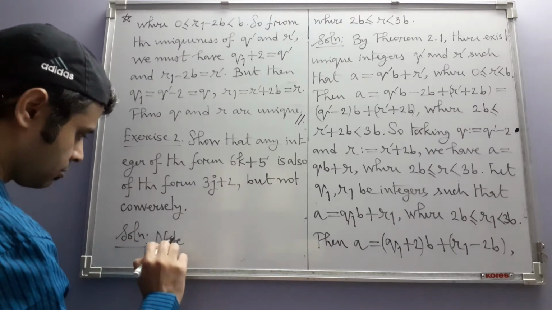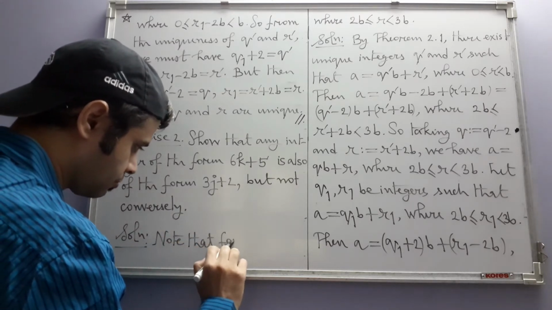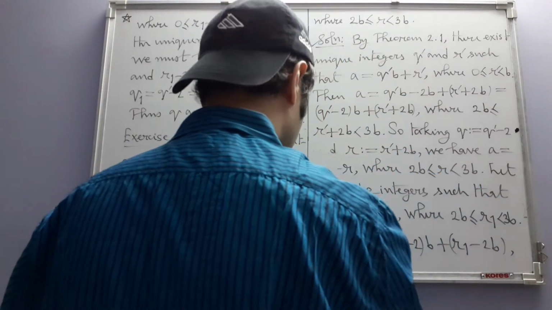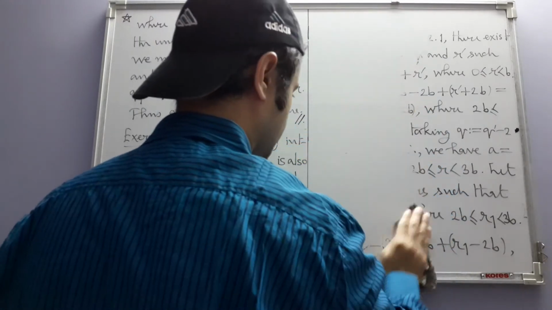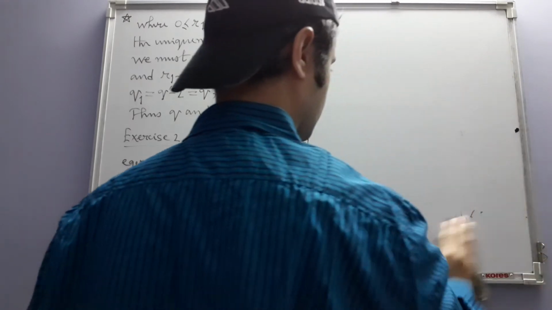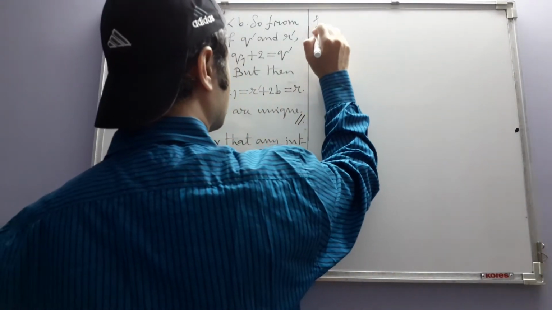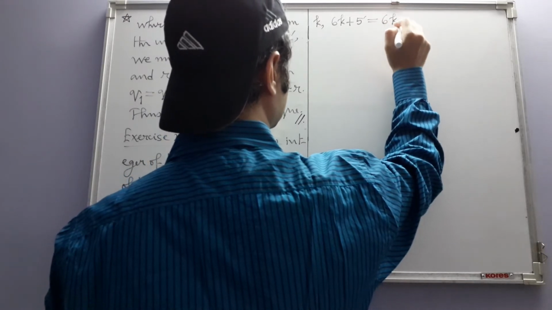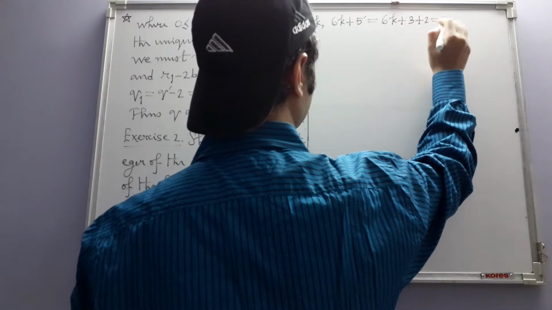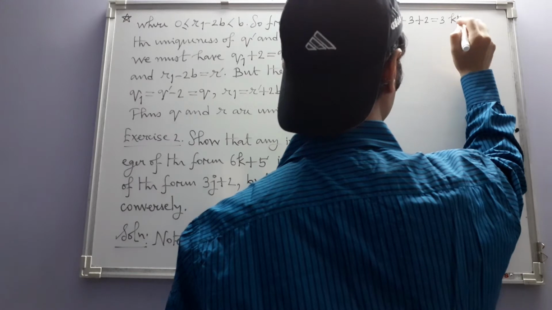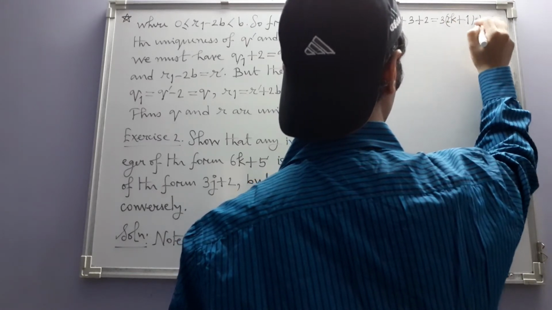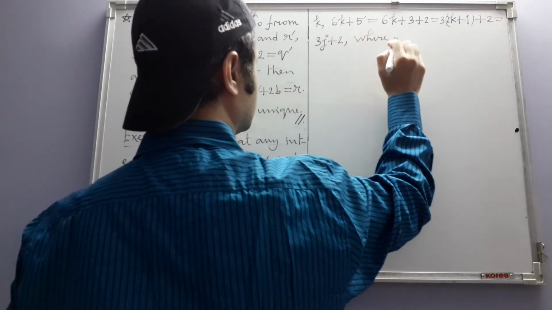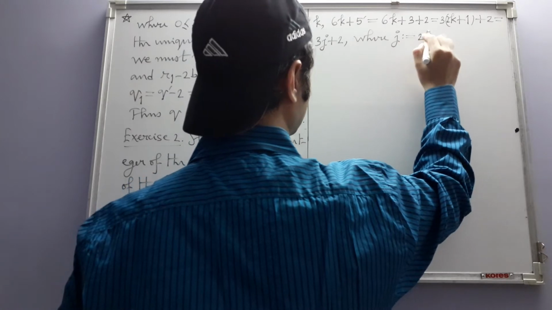Note that for any integer k, 6k plus 5 can be written as 6k plus 3 plus 2, which is equal to 3 times 2k plus 1 plus 2, and that is equal to 3j plus 2, where j is 2k plus 1.